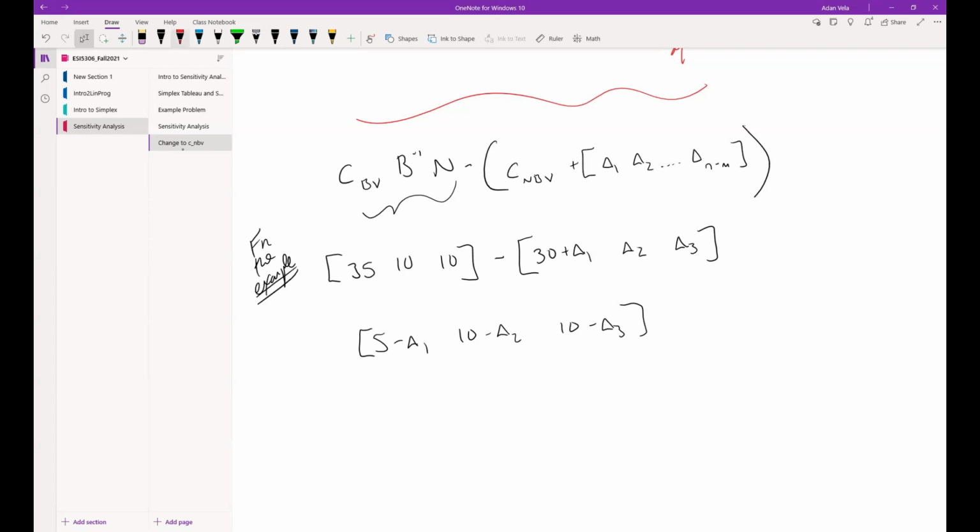The reason for that is not all the non-basic variables are actual decision variables. This one here corresponded to x2. The second coefficient, I believe, corresponds to S1 maybe? Let me check.